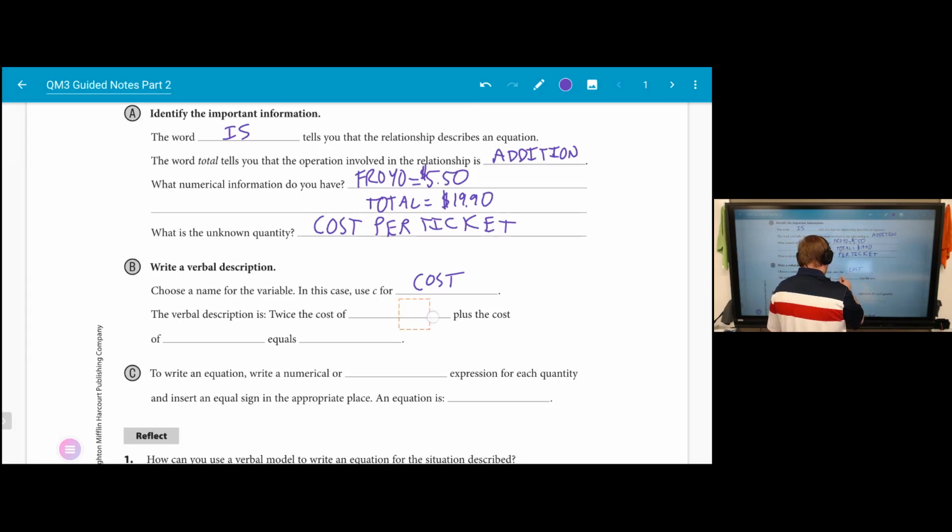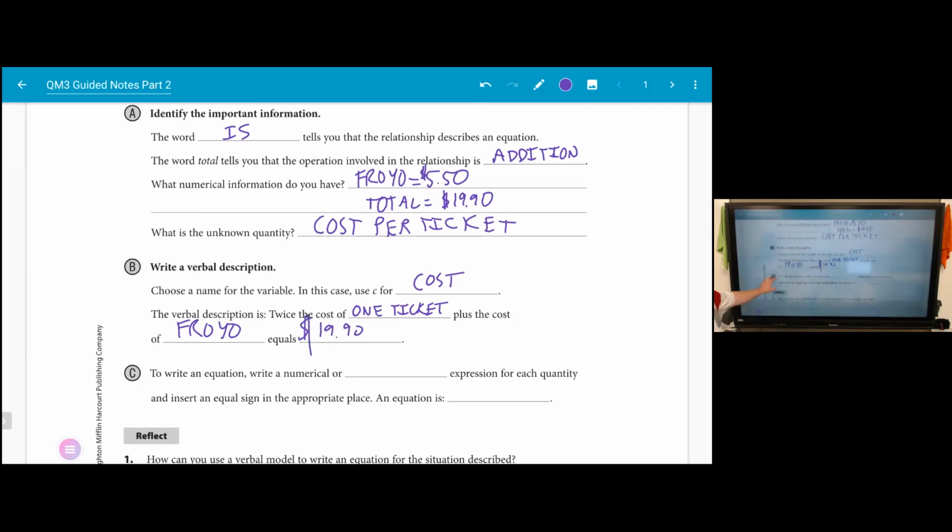Twice the cost of one ticket. I want to make sure I use the correct vocabulary here. Twice the cost of a ticket plus the cost of froyo. There's our frozen yogurt, right? Equals total, equals $19.90.